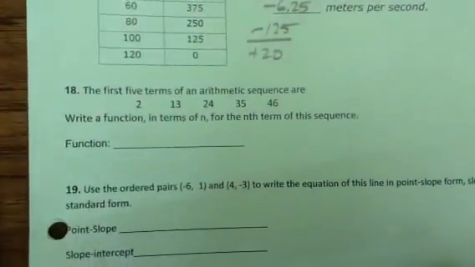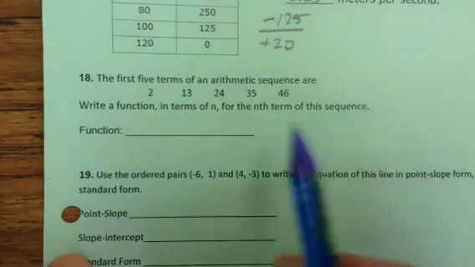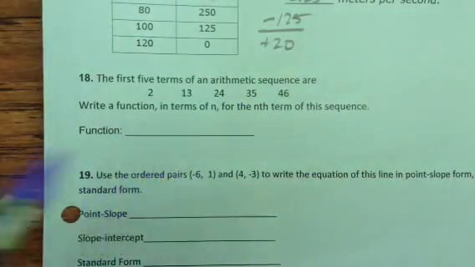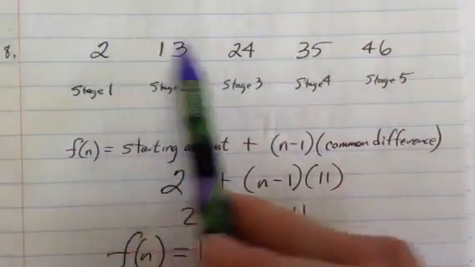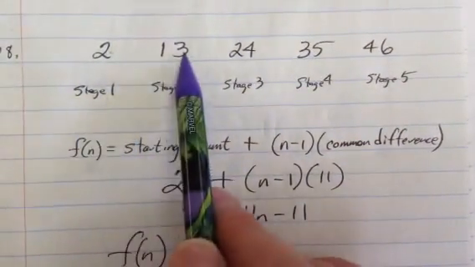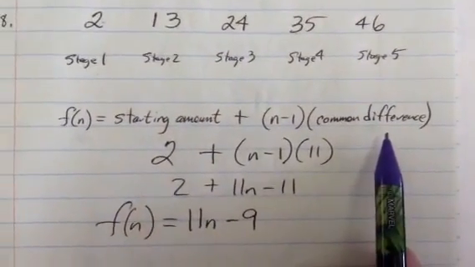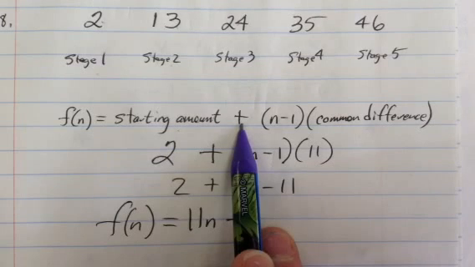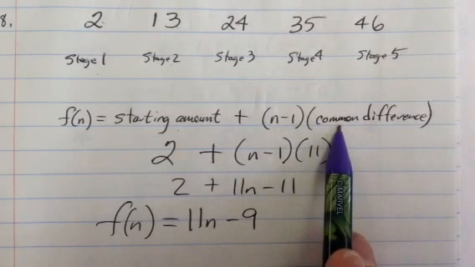All right, arithmetic sequence. Now, we did it one way. We talked about taking the arithmetic sequence and saying this number is stage 1, this one is stage 2, and so on and so forth. And we had a formula on a chart. We said the starting amount plus, because it's arithmetic, n minus 1 times the common difference.